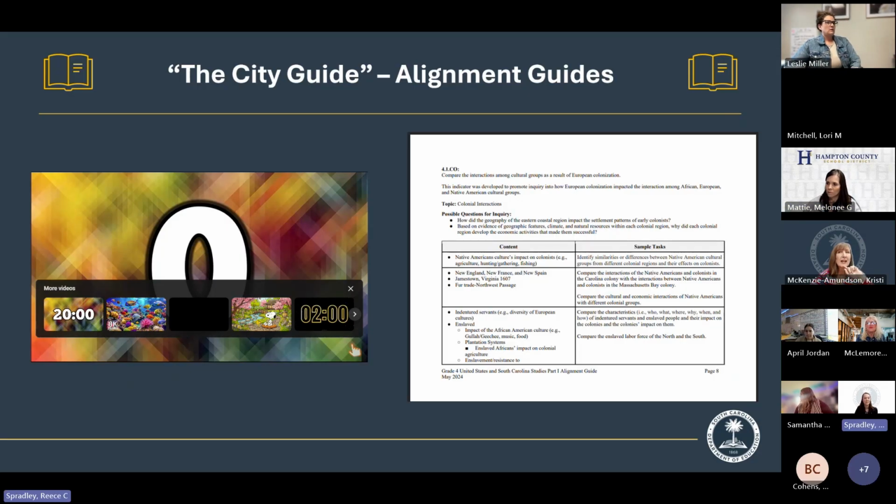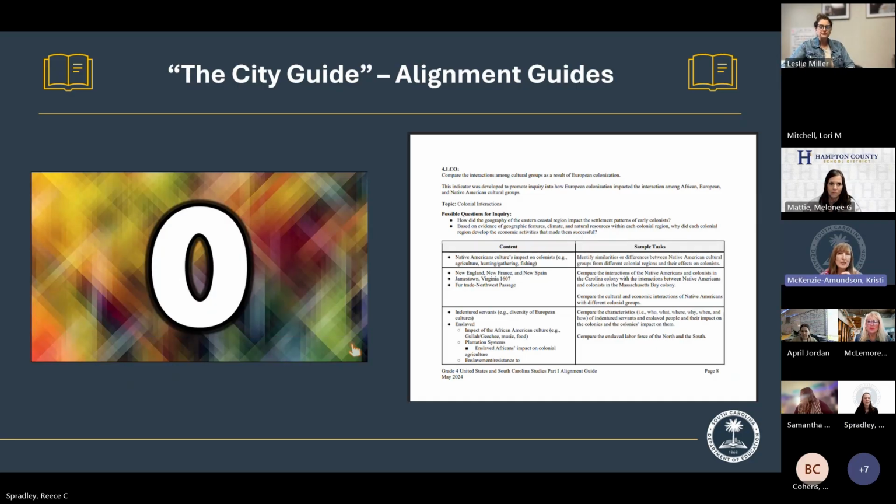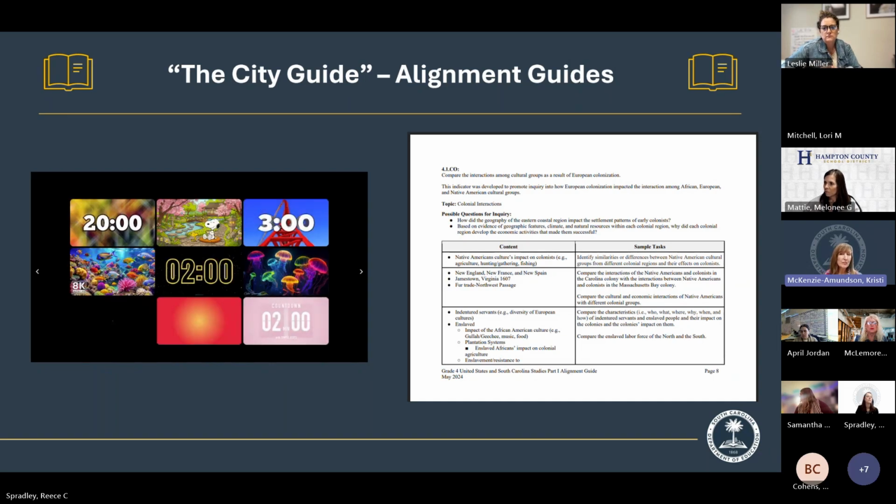Awesome. Thank you for sharing. And Reese, I was going to point out, I noticed that Julie asked why they had both versions. When we revised the alignment guides, we wanted to leave those old guides available because they were a little different.